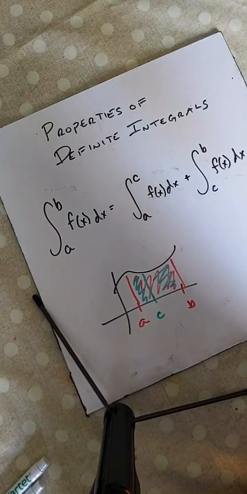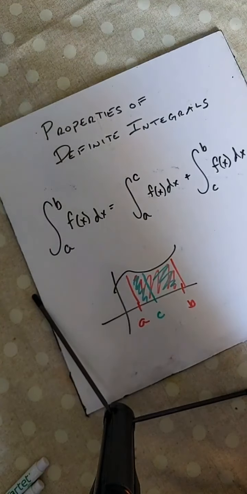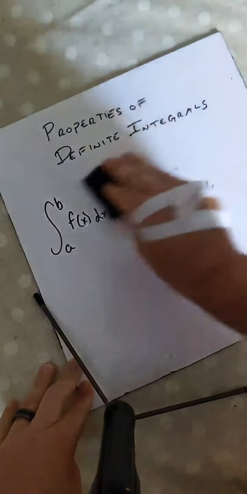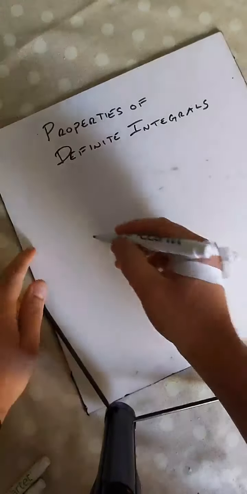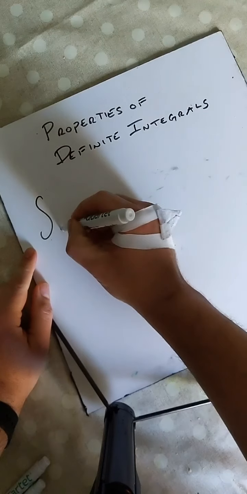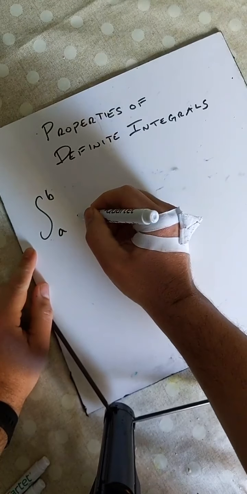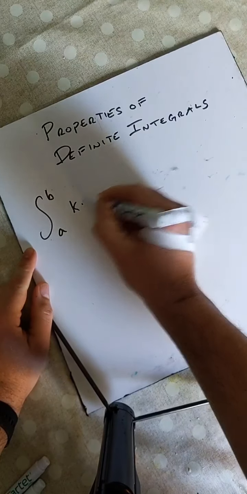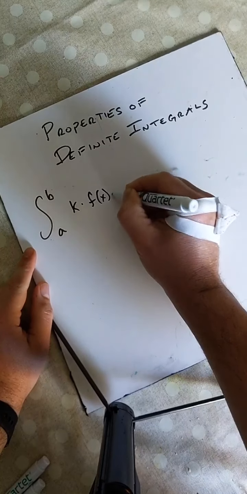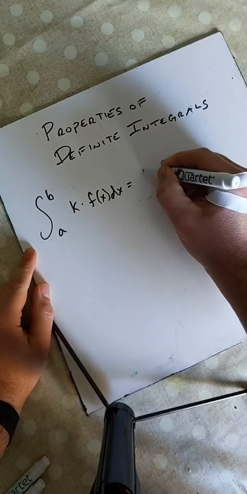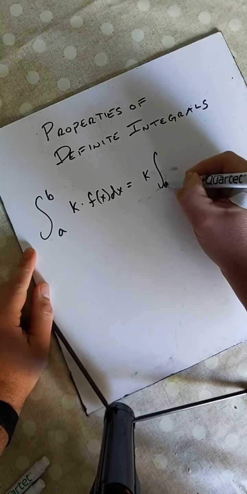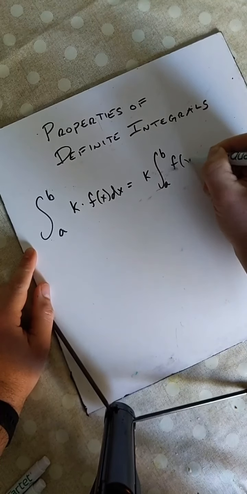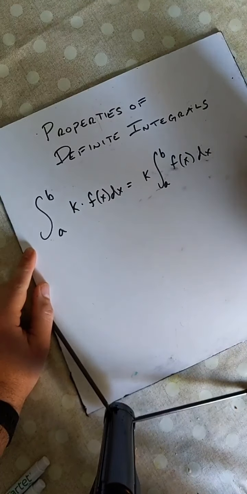Okay, the last two properties are ones that we'll focus on today. The integral from A to B of k times f of x dx is equal to k times the integral from A to B of f of x dx.